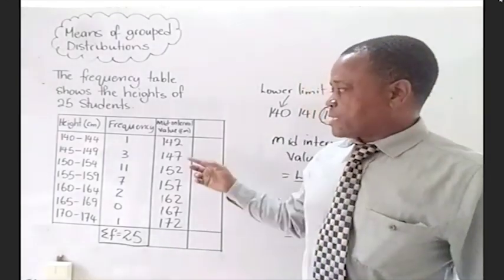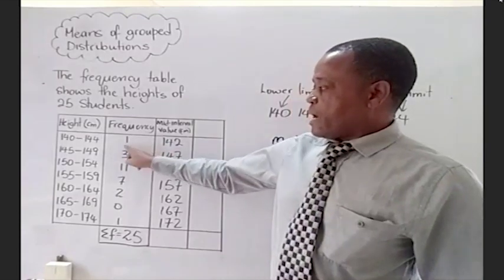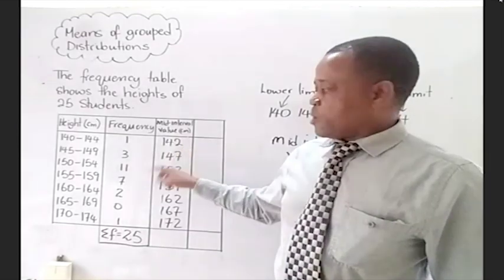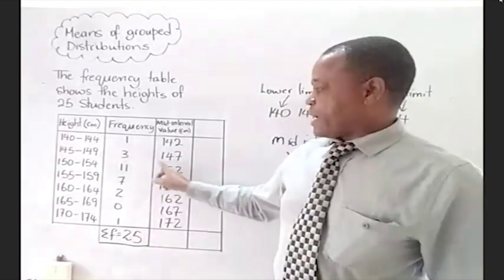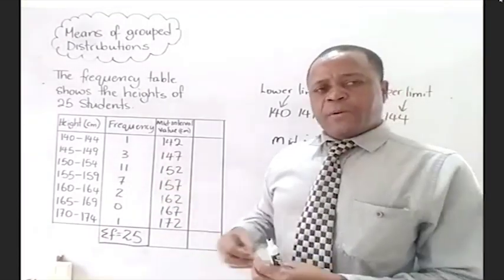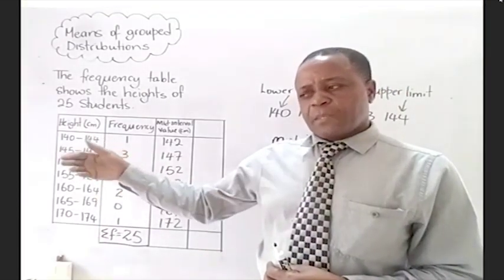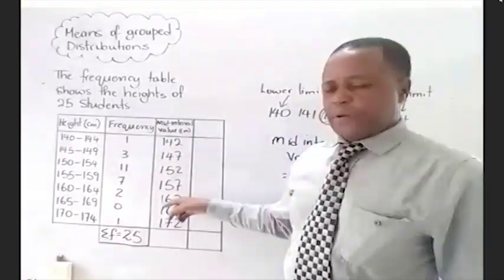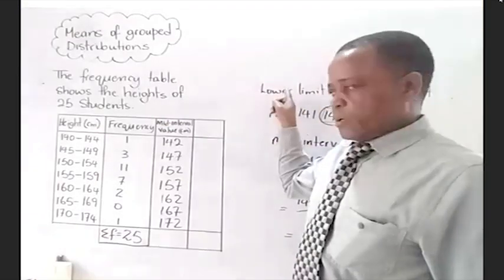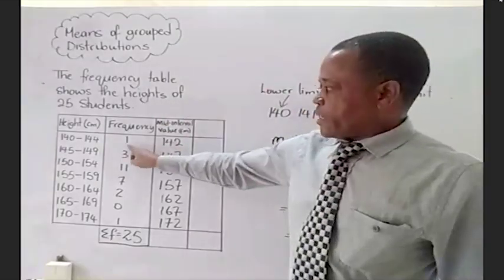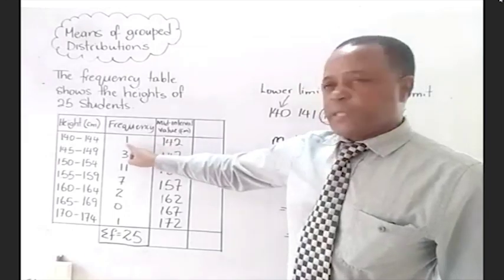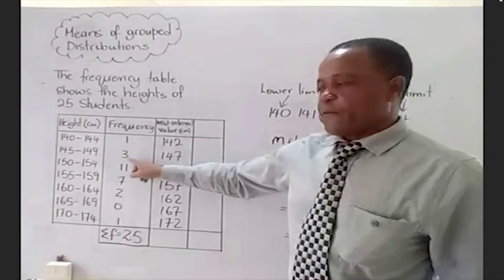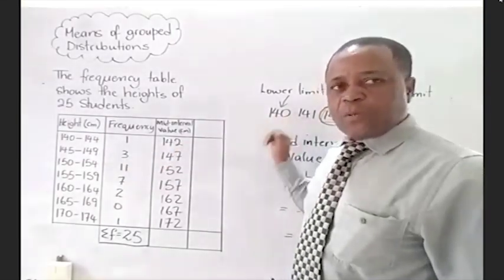In this case, we're saying that we have only one student with a height of 142. We have 3 students with a height of 147. Remember when we looked at the ungrouped data, as we have on the board, we wrote the values out, where 142 would have been written one time, 147 would have been written 3 times, and we keep doing it like that.